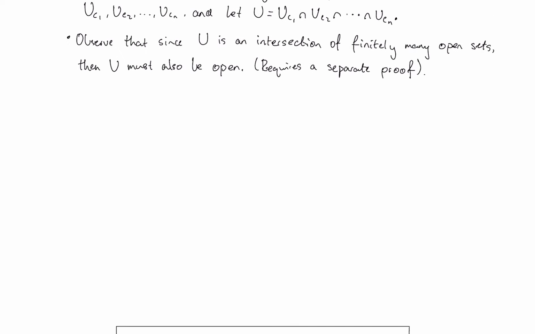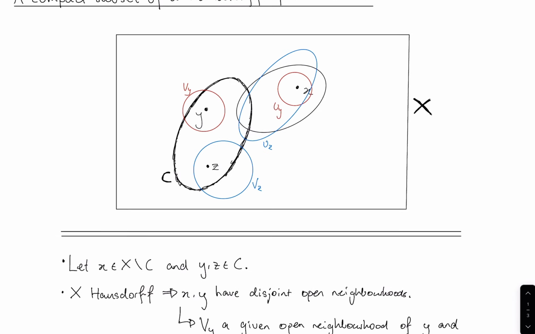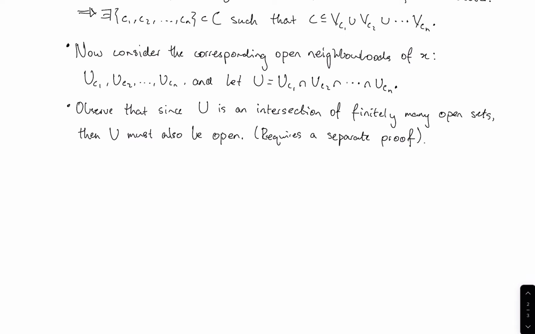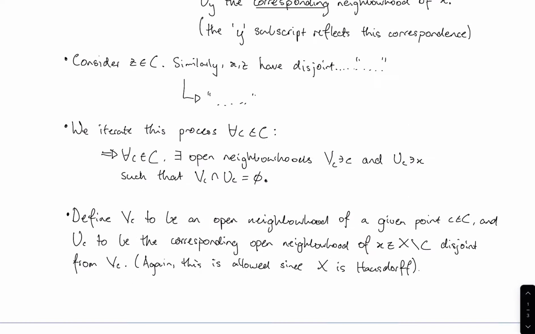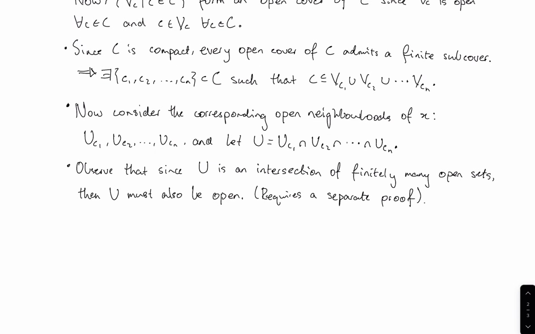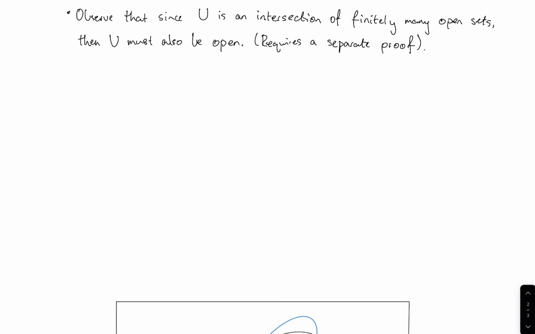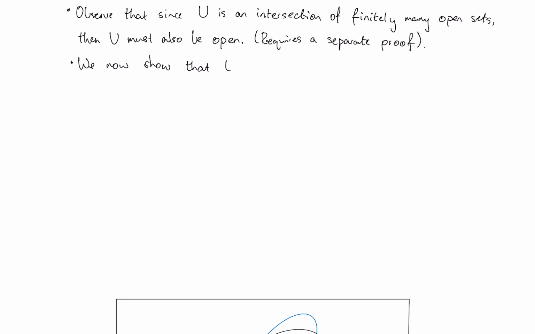Now we want to show that when we take the intersection of our set here, U, with our subset C, that we have the empty set. So we now show that U intersect C is the empty set.